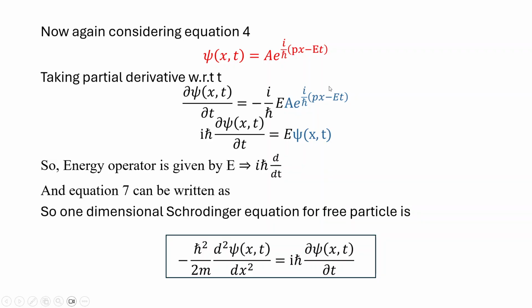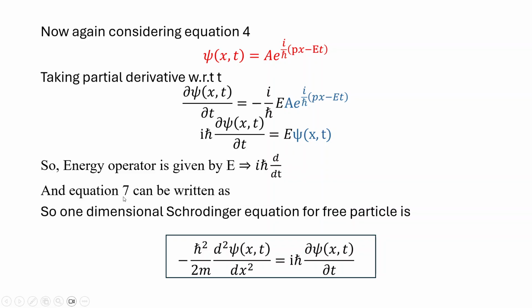Again, this sky blue term is psi(x,t), so we replace it. We see that energy operating on psi is the same as i h cross partial derivative with respect to t operating on psi(x,t). So this is your energy operator.